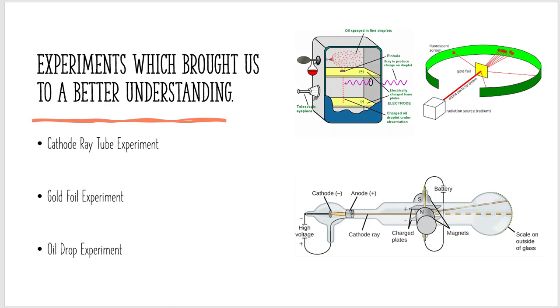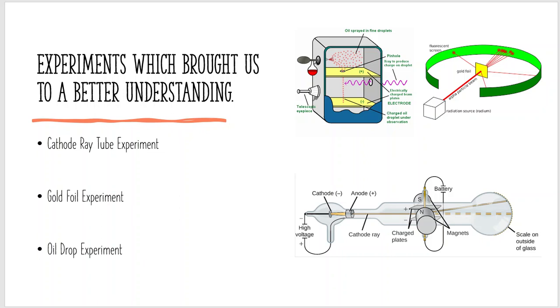The second one we're going to go over is the gold foil experiment, and that's Ernest Rutherford, which we'll talk about here in a second. And then there's one fun experiment. It's not really as important for us to know, like, let's say, for the SOL, but it is kind of a fun experiment and a pretty impressive experiment that Robert Millikan did in Chicago, and it's called the oil drop experiment. So we'll get into those.